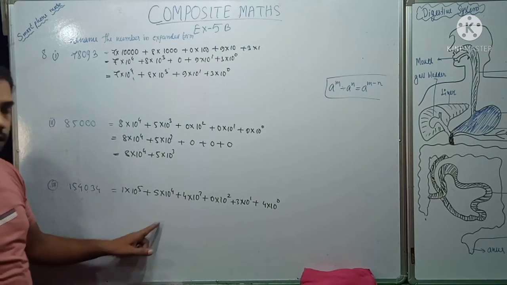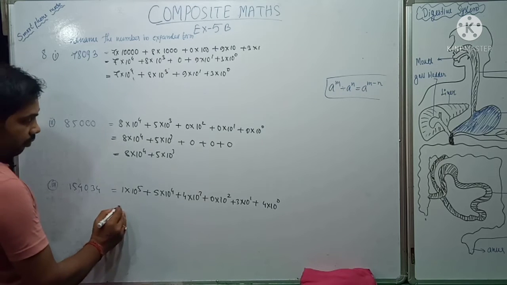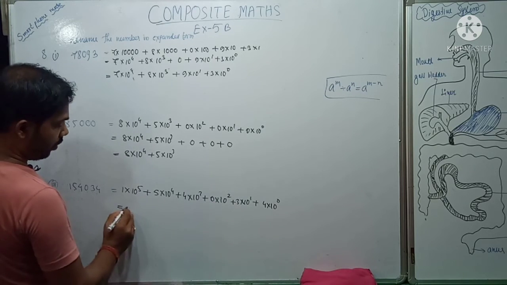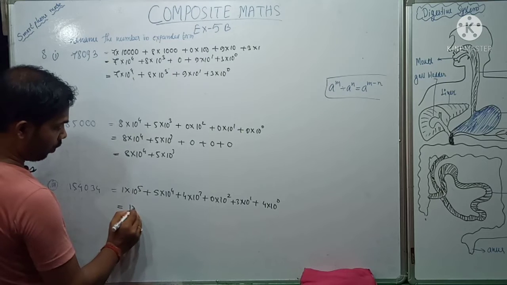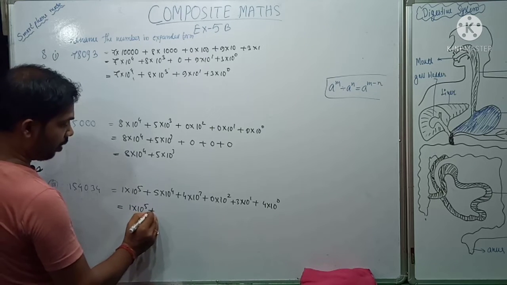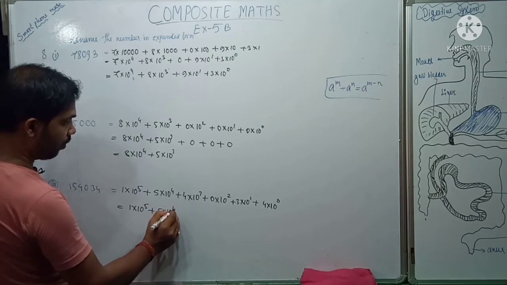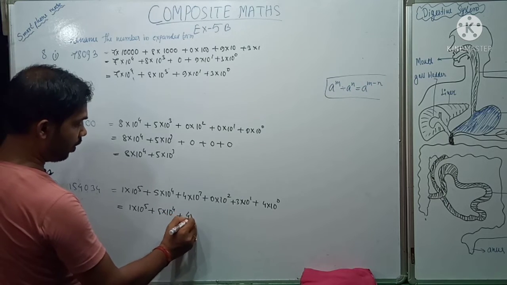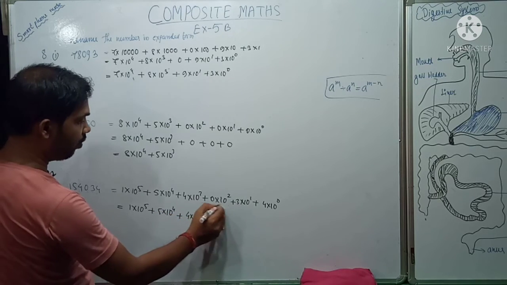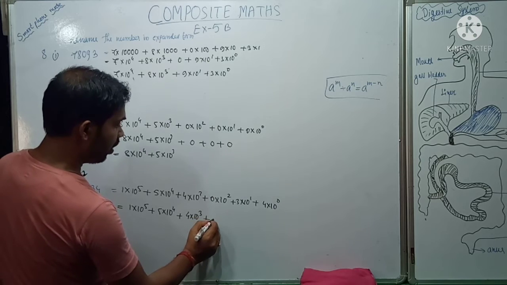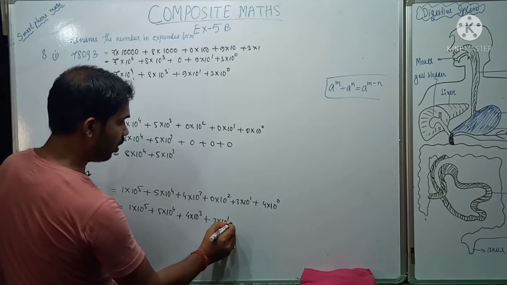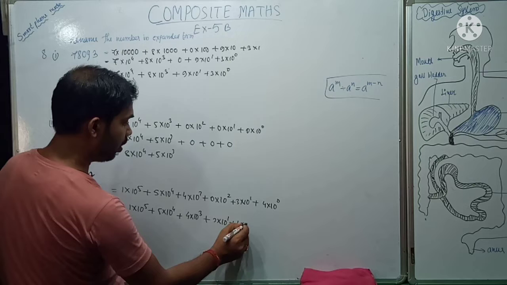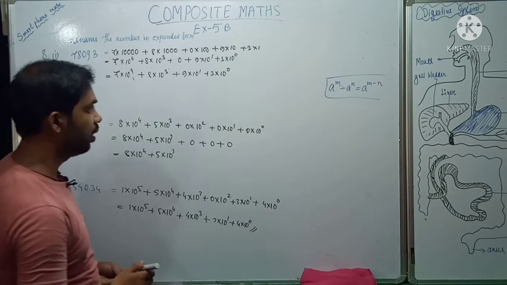So you can write like this. Now we will remove this 0, then we will write 3 into 10 power 1 plus 4 into 10 power 0. So this is our expanded form.